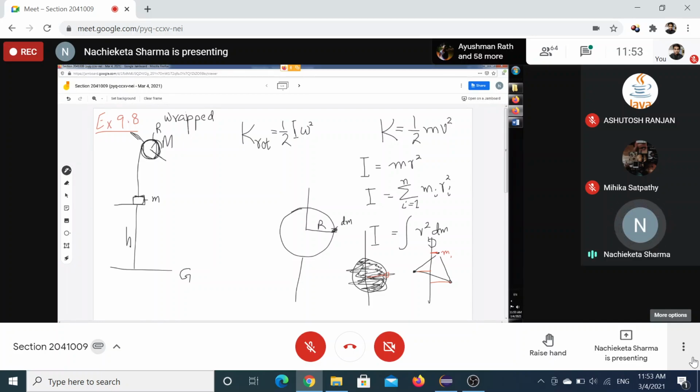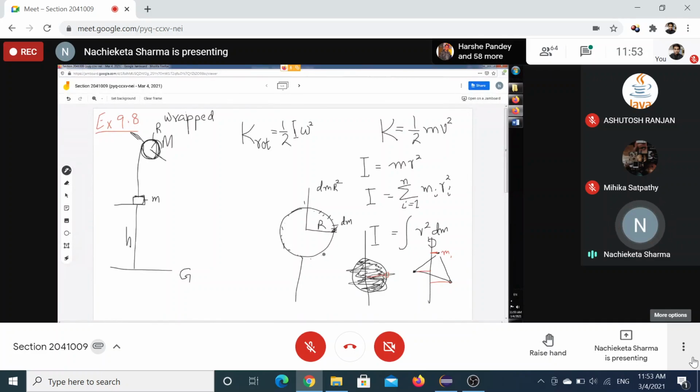Of this small mass, the moment of inertia will be r square dm. Now you divide this ring into these small masses like this, all around the ring.